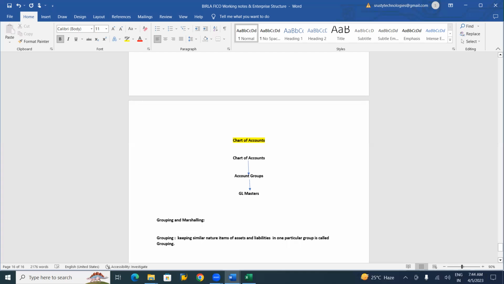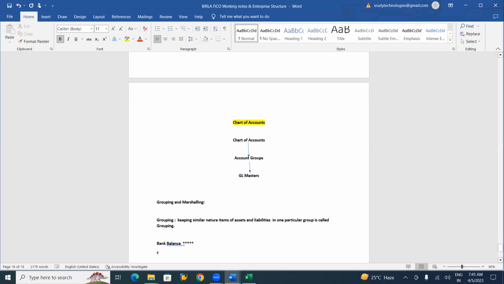For example, if I take assets, I am having bank balance, cash, sundry debtors.